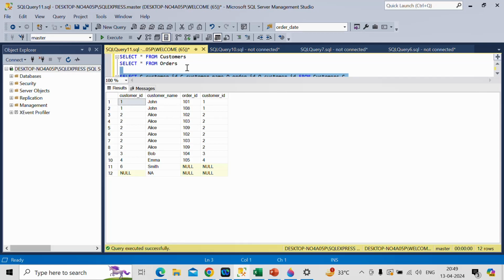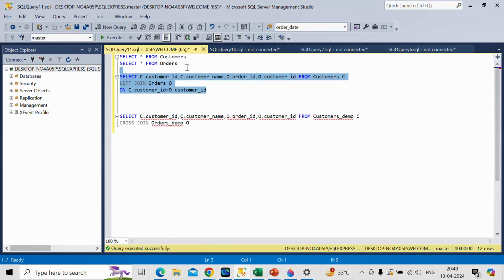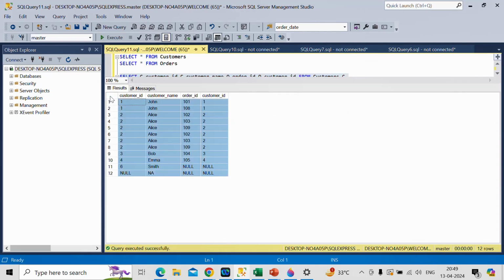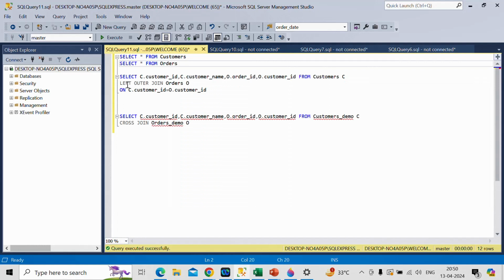So first question is left join and left outer join are different? Answer is no, they are exactly same. This left join is nothing but left outer join only. Okay, so you can use left outer join in place of left join. You will run it and you can get exactly same of what you have got from left join.